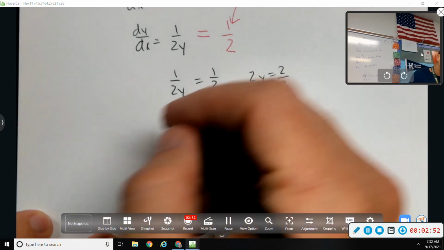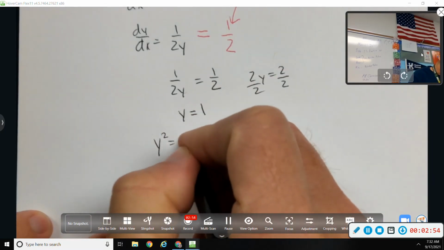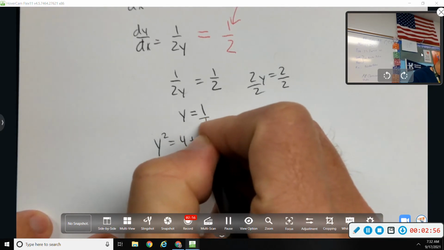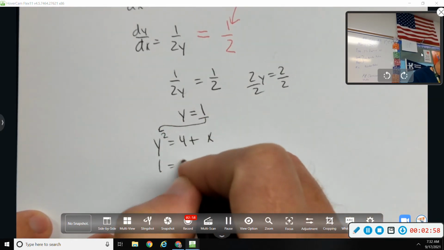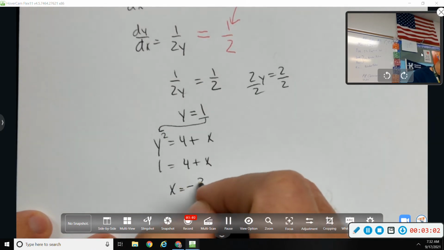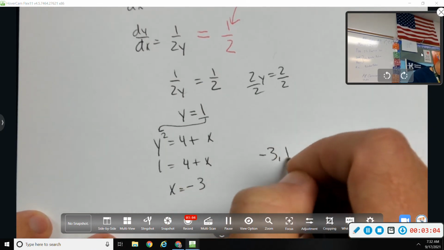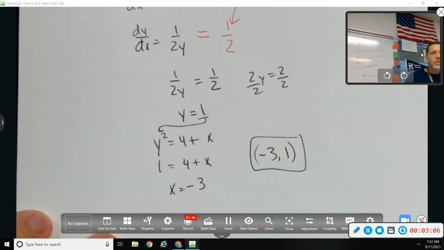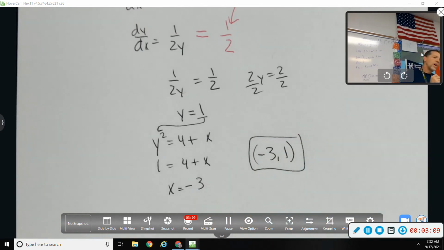Plug it back in. y squared equals 4 plus x. But now we know that y is 1. So x equals negative 3. So the point on the graph whose tangent line is parallel to the chord is at negative 3, 1.